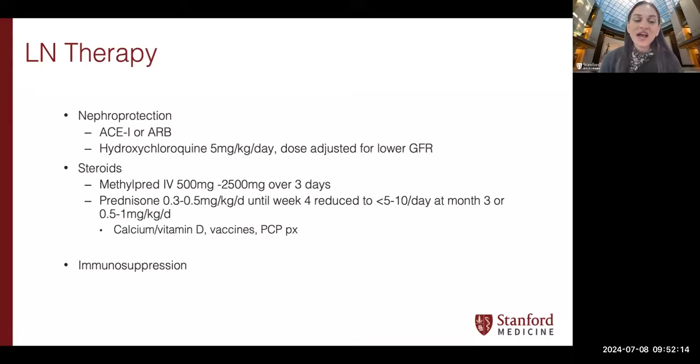We'll give them high-dose IV steroids for a couple of days and then put them on an oral regimen of prednisone 60 until we can figure out a good immunosuppression agent to kick in and help us drop the steroid use. But now that we have more treatments, we're finding in studies that we can use lower steroid doses, which is really exciting because if you know anything about steroids, they can have a lot of side effects.